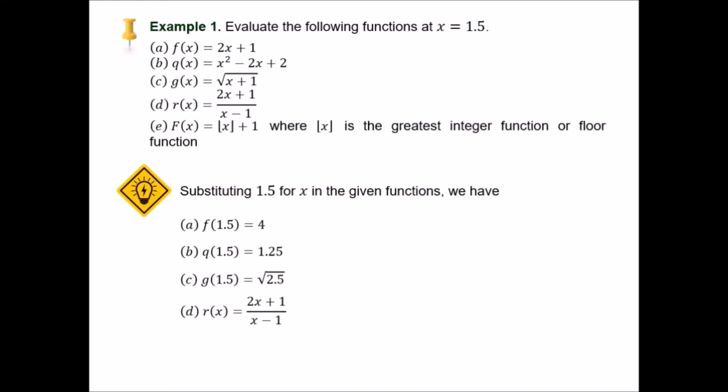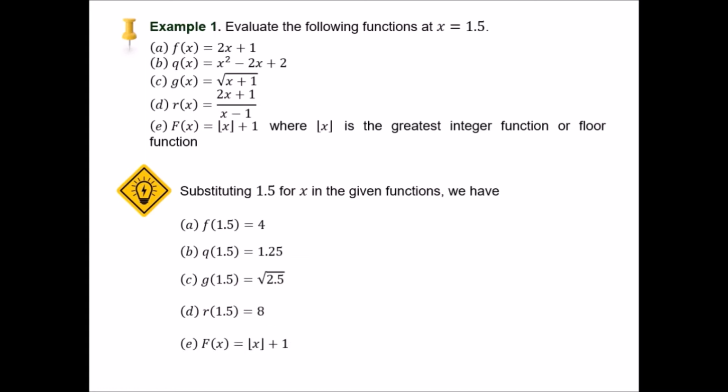Substitute 1.5 for x. 2 times 1.5 plus 1 all over 1.5 minus 1. The numerator now becomes 3 plus 1. The denominator becomes 0.5. 3 plus 1 is 4, divided by 0.5 gives us 8.